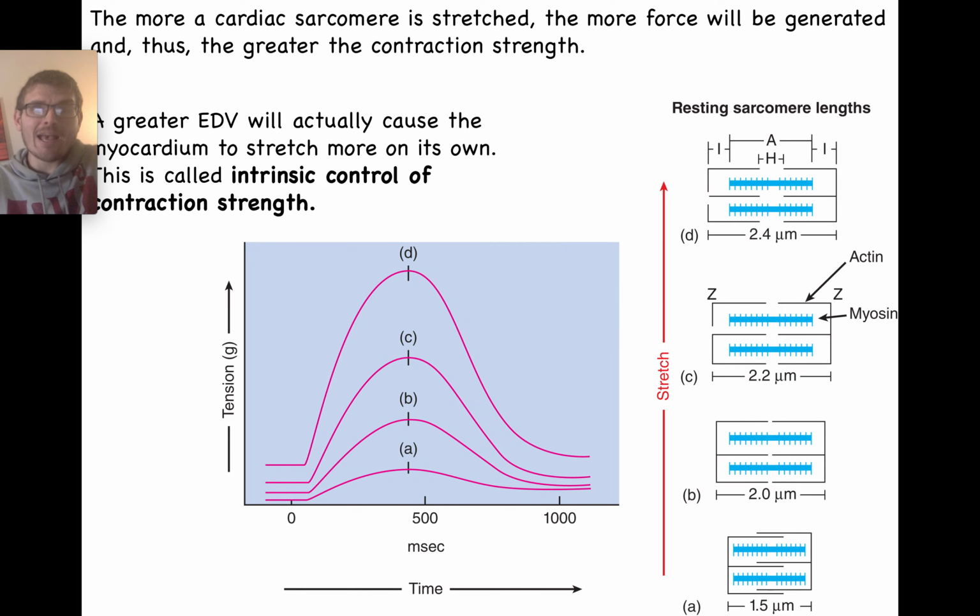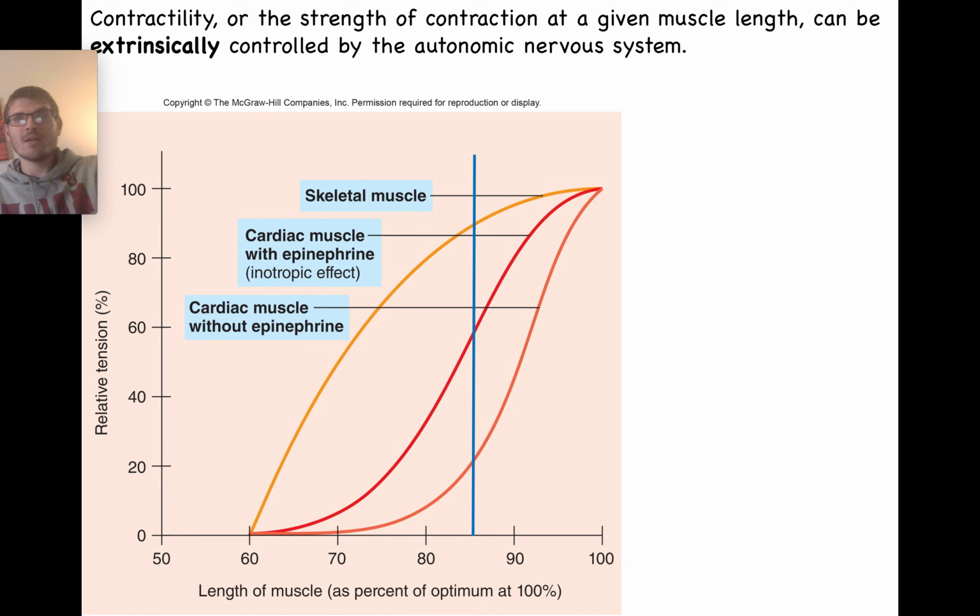So here, a greater end diastolic volume will actually cause the myocardium to stretch on its own, and this is called intrinsic control of contraction strength. Intrinsic meaning this is something that the heart itself actually deals with. No influence from the outside.